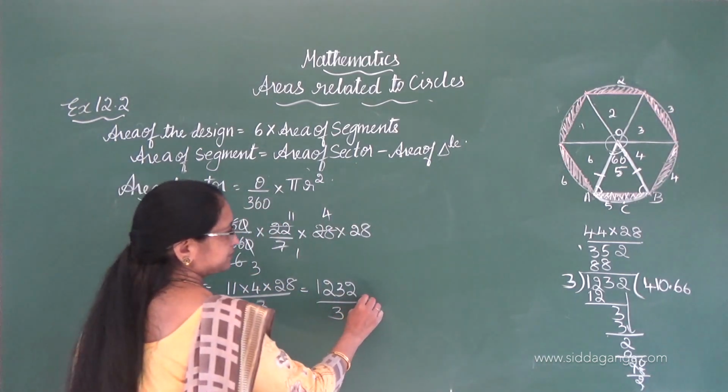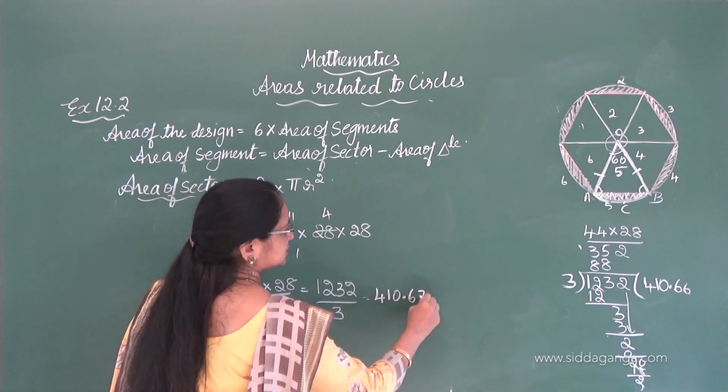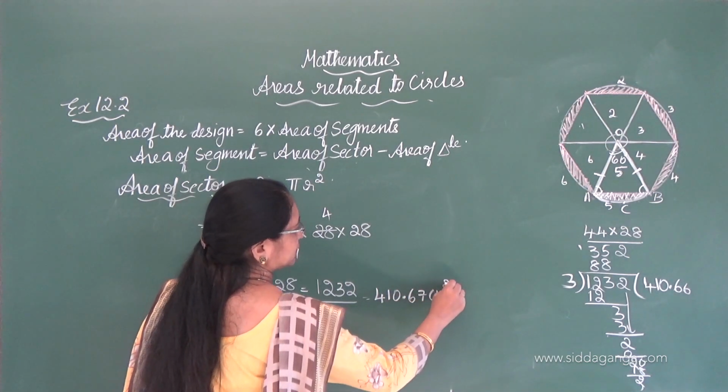So this will be 410.67 centimeter square.